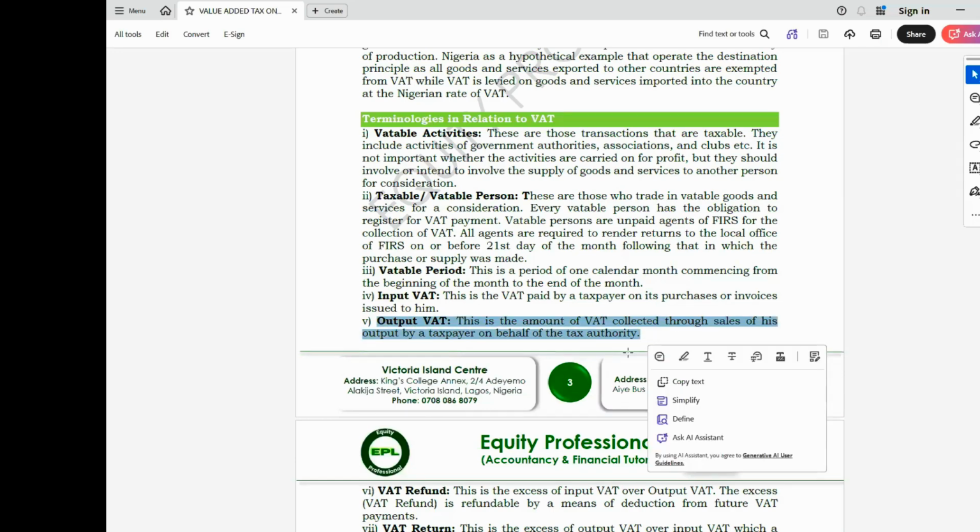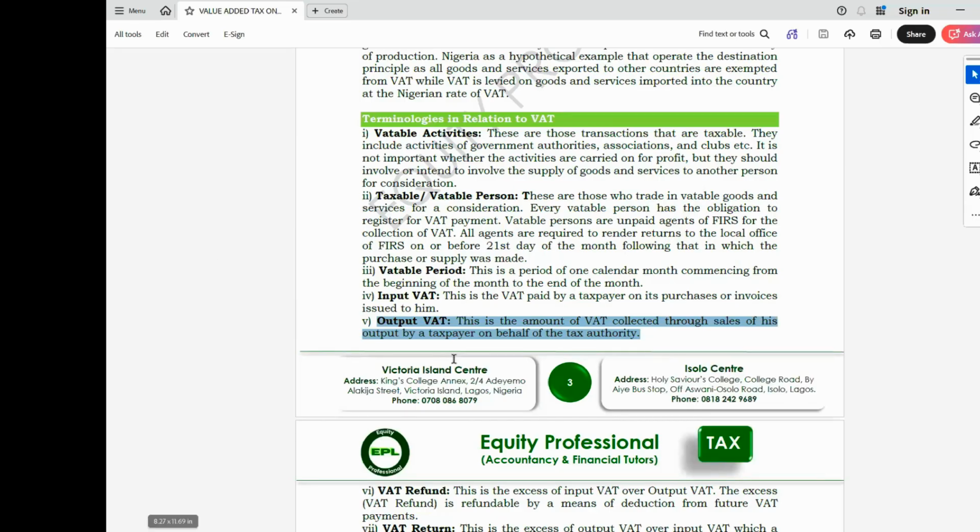By the time you want to sell those items that you purchased, you are also expected to charge value added tax. So the value added tax that you charge on those items you are selling is called output VAT. Basically, VAT on sales is output VAT, while VAT on purchases is input VAT.